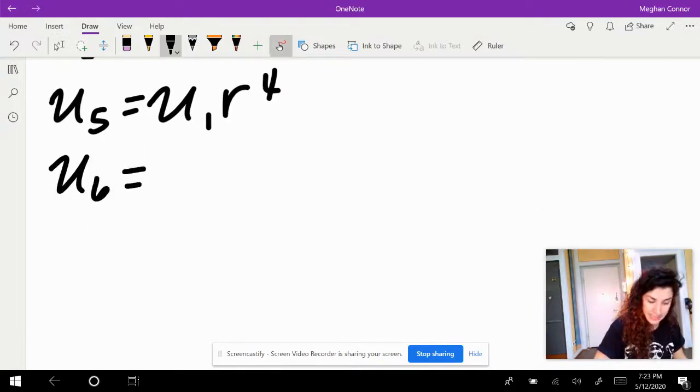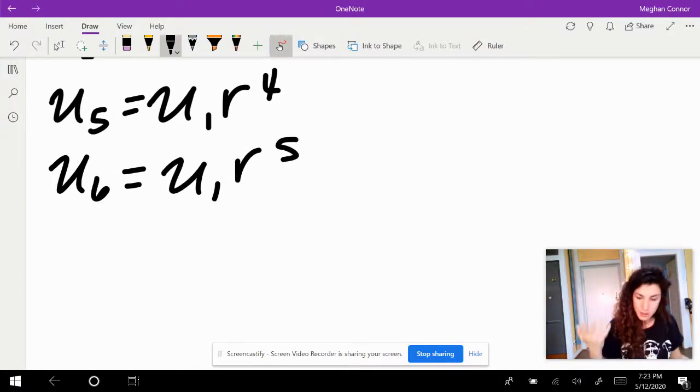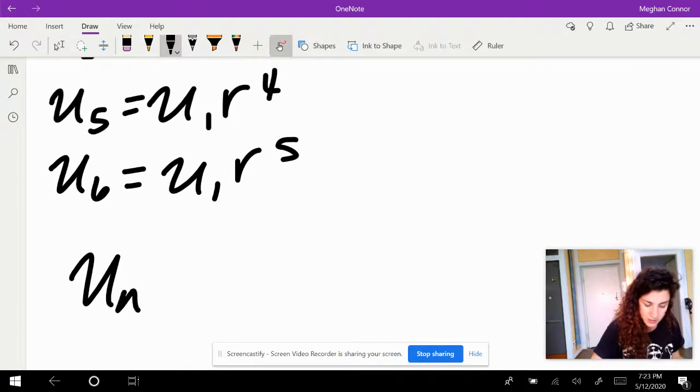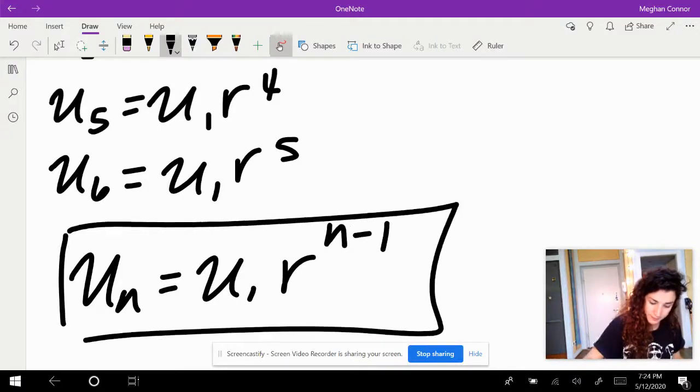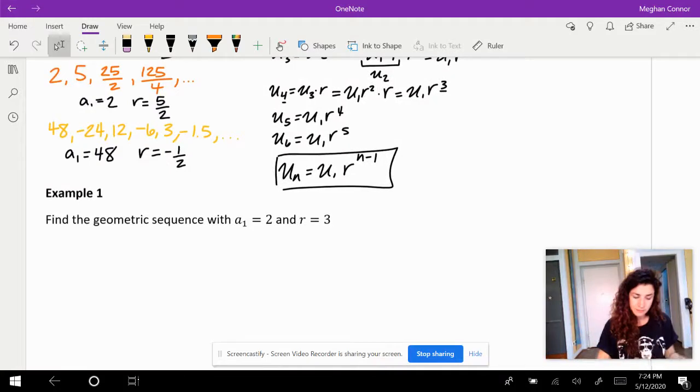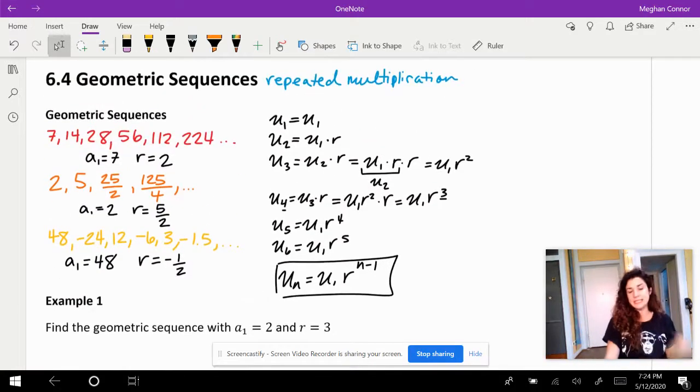U sub 6 is u sub 1 times r to the fifth power. So our formula is u sub n equals u sub 1 times r to the n minus 1. Ta-da! And that's geometric sequences in a nutshell.